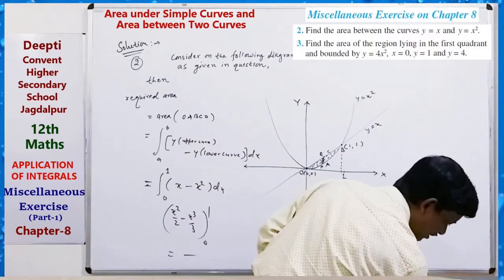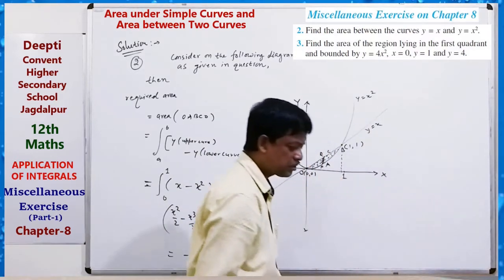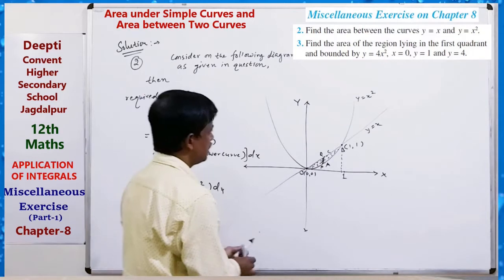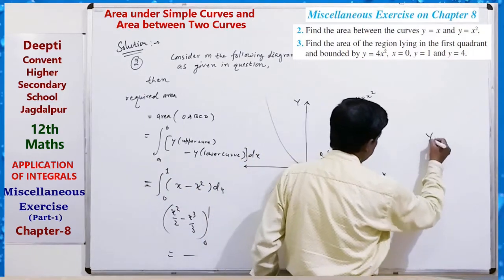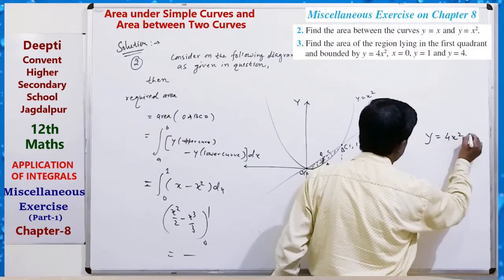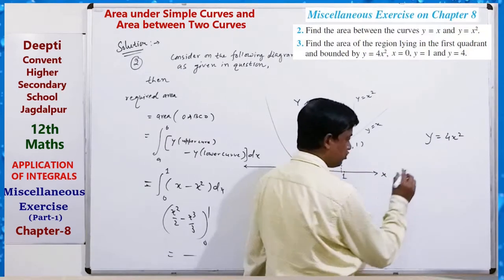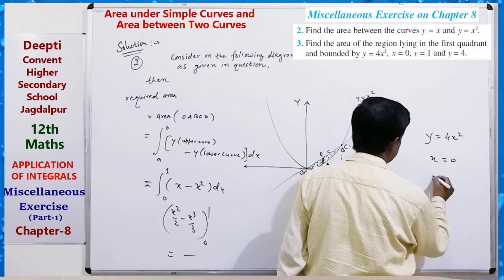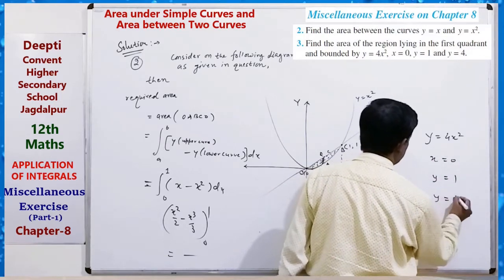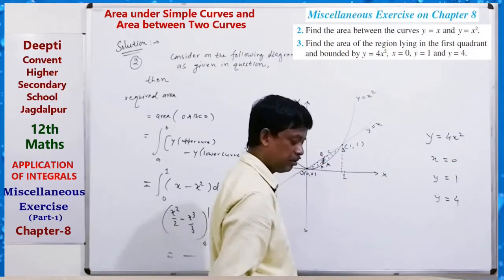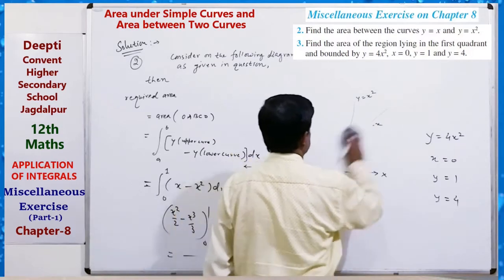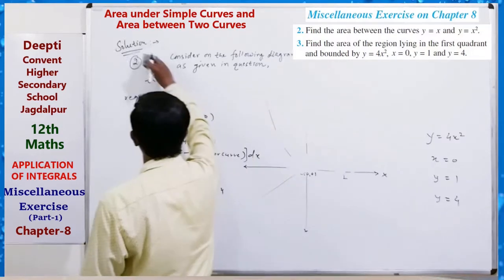Now question third. Find the area of the region lying in the first quadrant bounded by y equal to 4x square, x equal to 0, y equal to 1, y equal to 4. This is the region bounded by these.